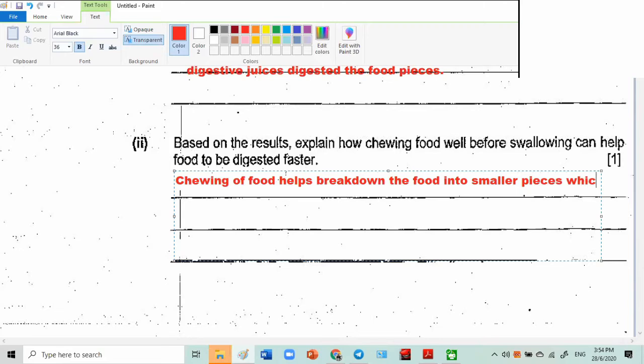Which means that they have a larger exposed surface area to react with the digestive juice.